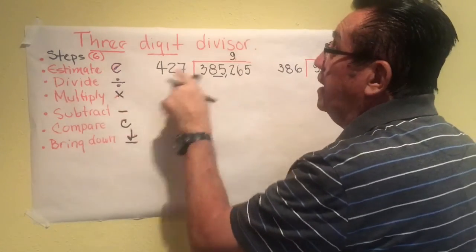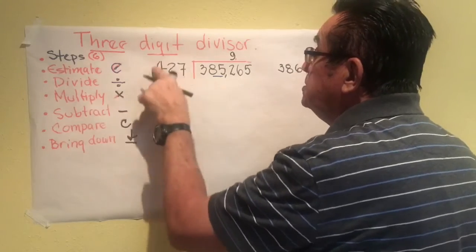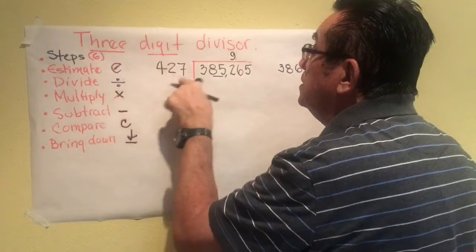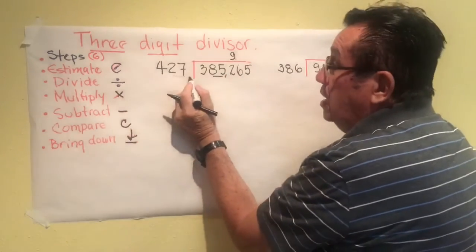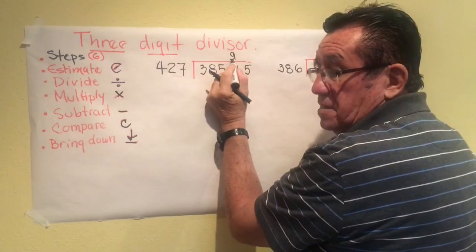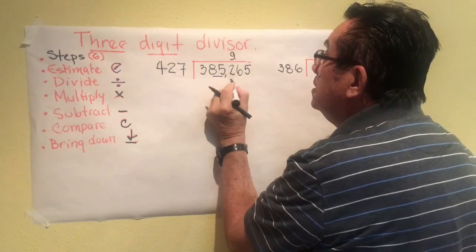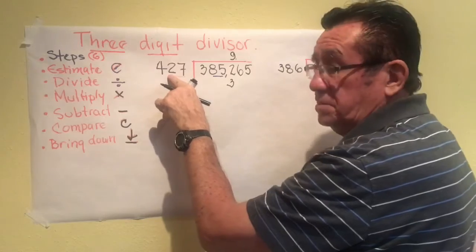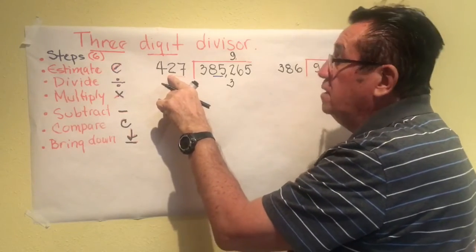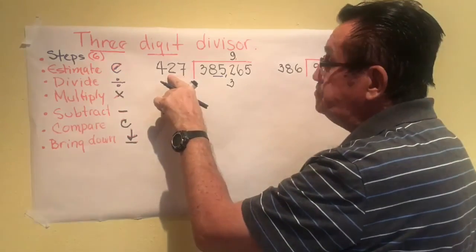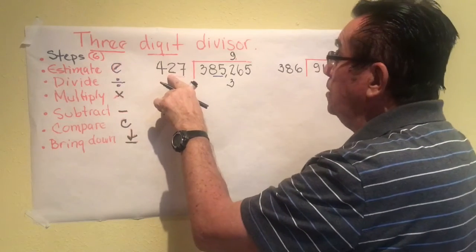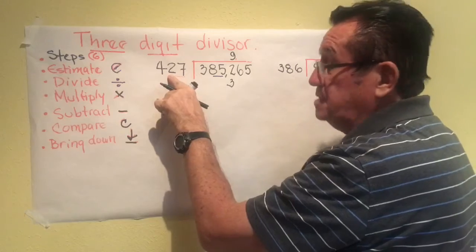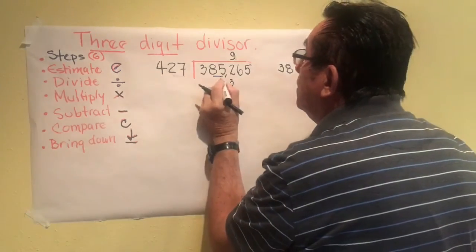I'm estimating that 9 is going to help me. So to make this division, I have to multiply 9 times 427. That means 9 times 7 is 63. I take 6. 9 times 2 is 18. 18 plus 6 is going to be 24.